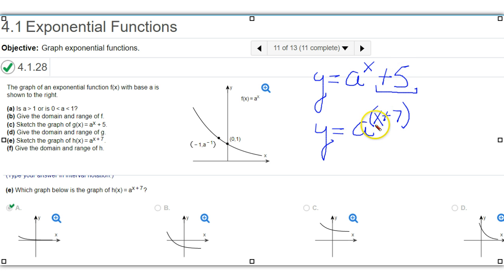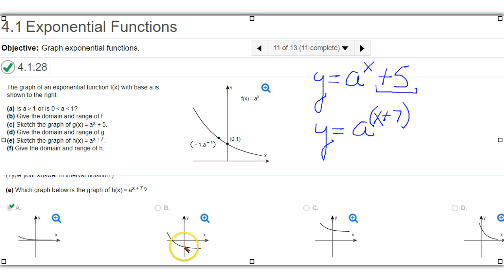But when the number is included in the exponent, it's usually the opposite sign of this. So we're looking for something with a -7 here. So we're shifting that line over this way to a -7.